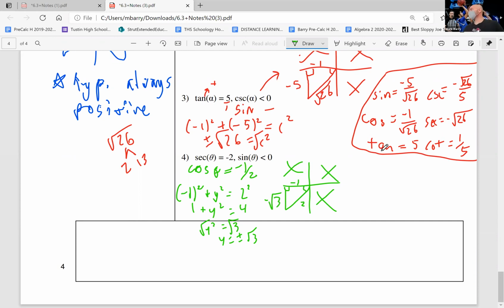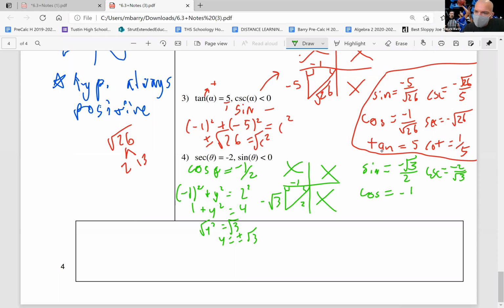We have our three sides now. We can just run through our trig functions. So let's do it. Sine would be negative radical 3/2. Cosecant is -2 over radical 3. Cosine is -1/2.